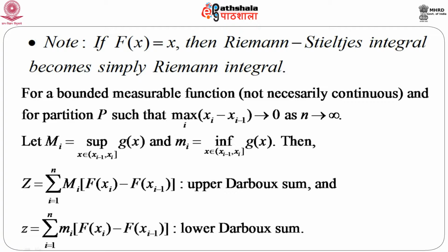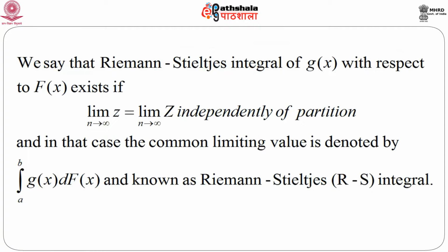If capital M i is the supremum of g x within the ith subinterval, and small m i is the infimum of g x within this ith subinterval, then we can define capital Z as the sum of this supremum capital M i into f x i minus f of x i minus 1, and we denote this by the upper Darboux sum. Similarly, we can define the lower Darboux sum.